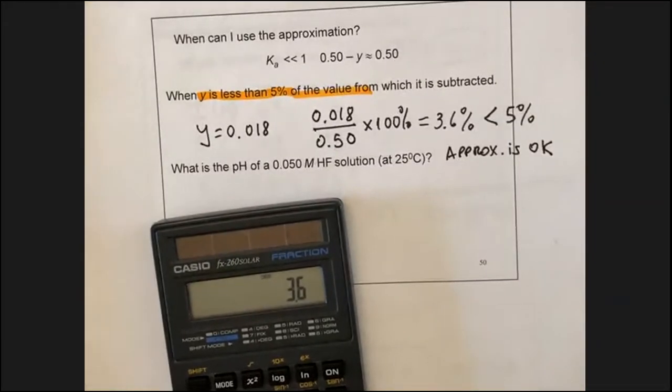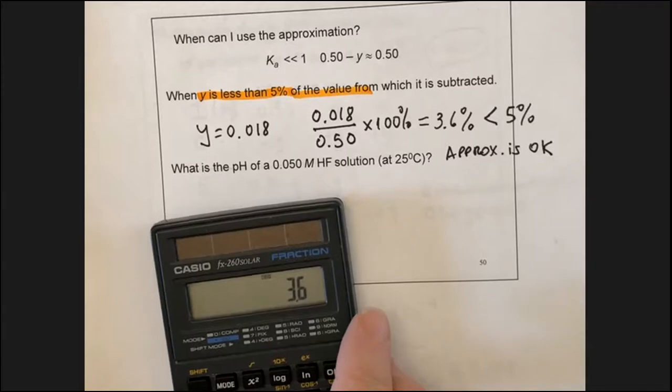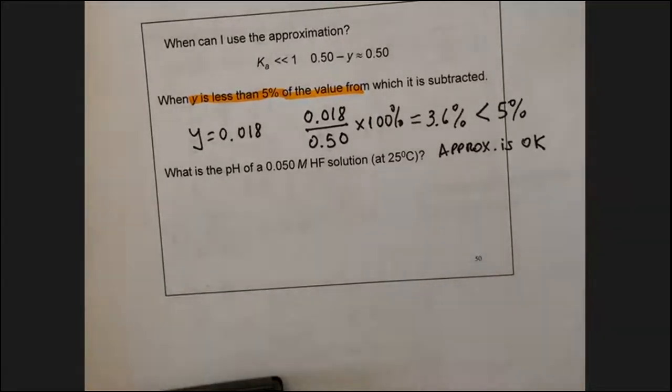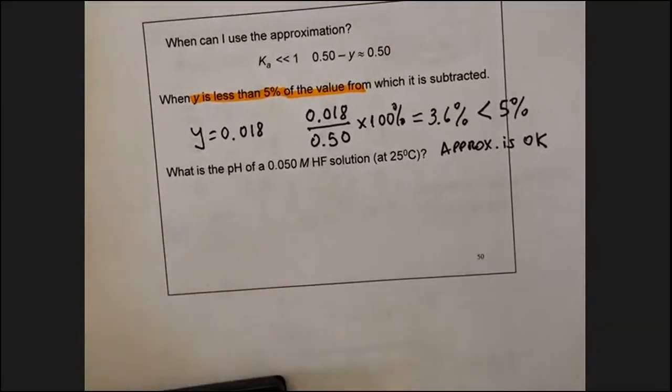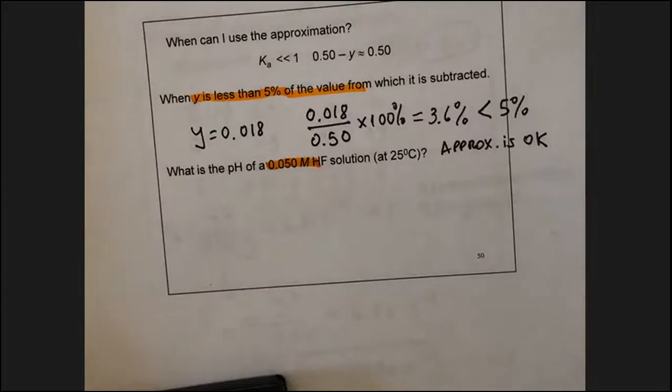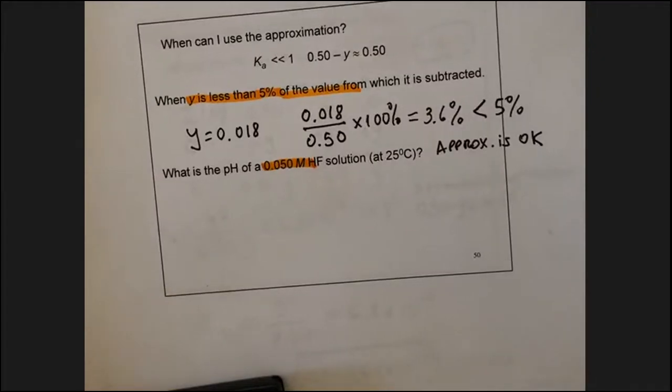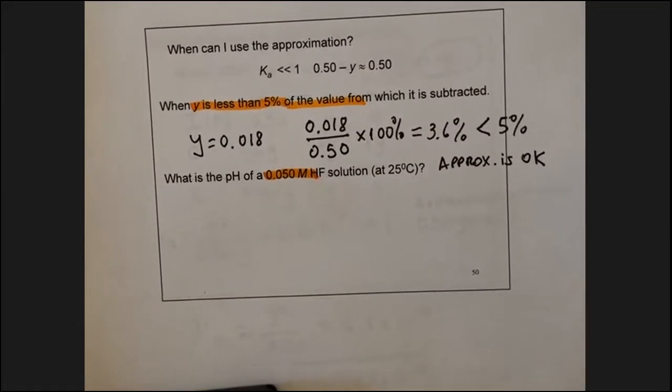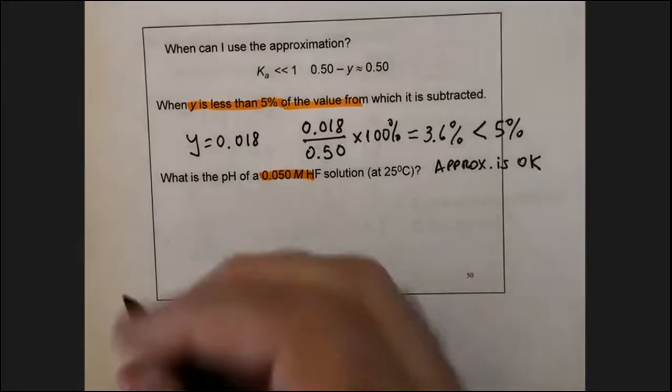Whenever you do one of these problems, the first thing you want to do is try the approximation method. Most of the time, it's going to work. Now, let me show you what would happen if the initial molarity had been, instead of 0.50 molar, 0.050 molar. If that happens, then here is what we get.